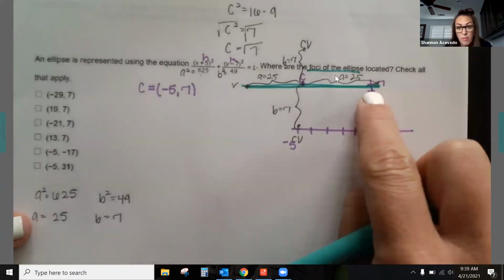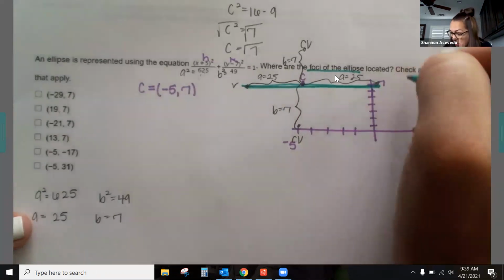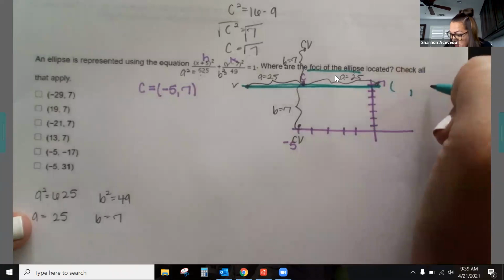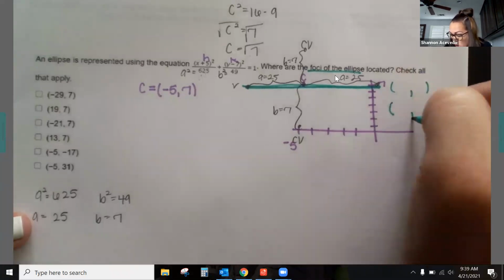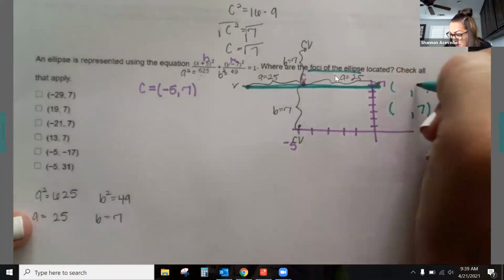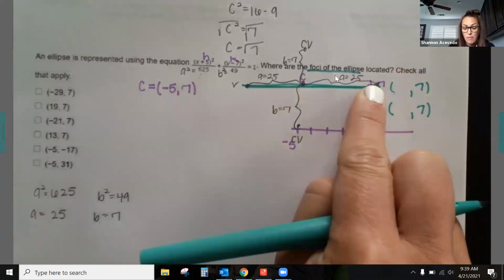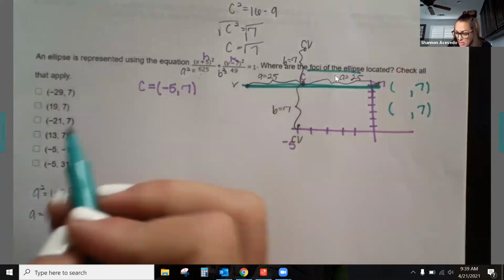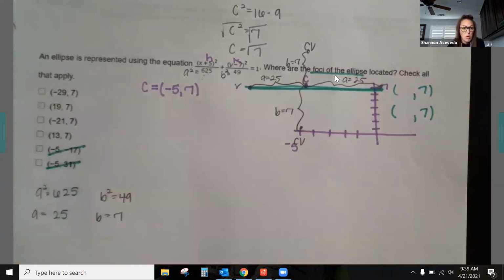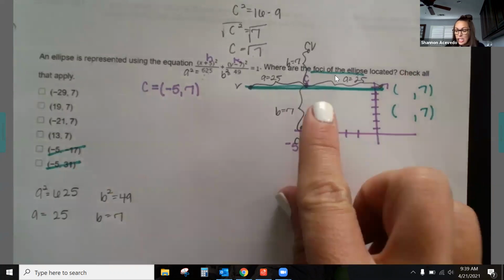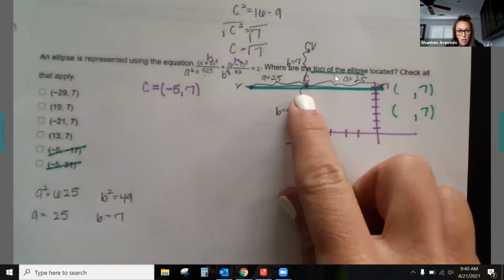My Y value is going to have to be 7 because it has to be on this horizontal line. So I know that right away, which means those two aren't even an option. But I need to figure out where the foci are, and the foci are C distance from the center.